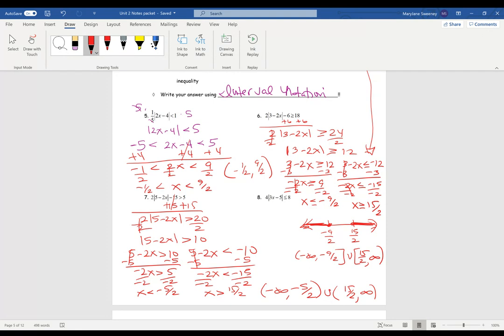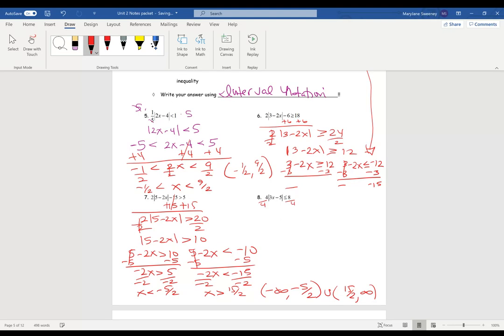What you're going to know with less than, like example 5 here, or like example 8, less than or equal to, it's going to be sandwiched in the middle because it's an "and." If I was joining it, it would be with an "and" symbol, but it ends up just being in the middle, like there's overlap of the two inequalities.